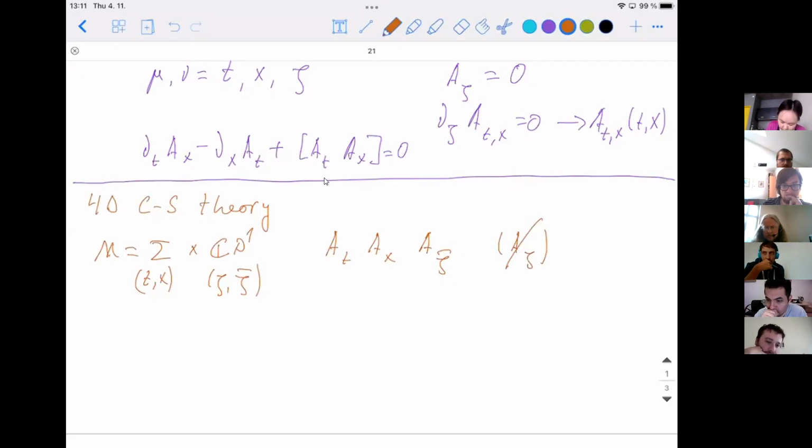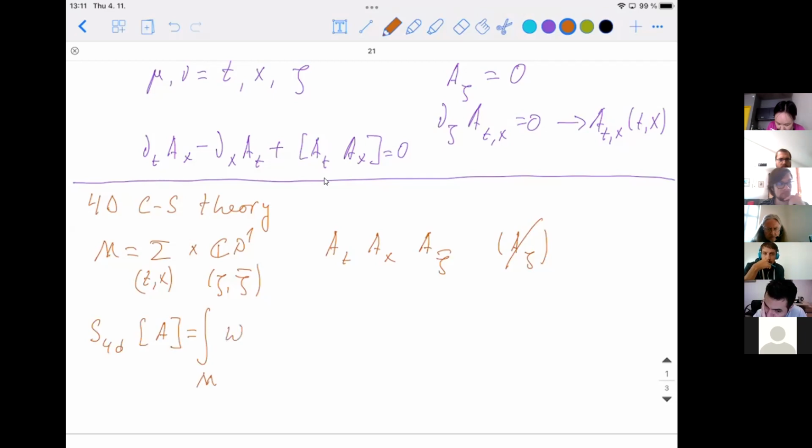Okay, so the four-dimensional action would be constructed as this, on a four-dimensional manifold.